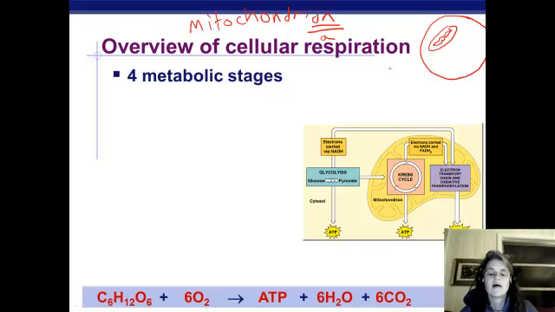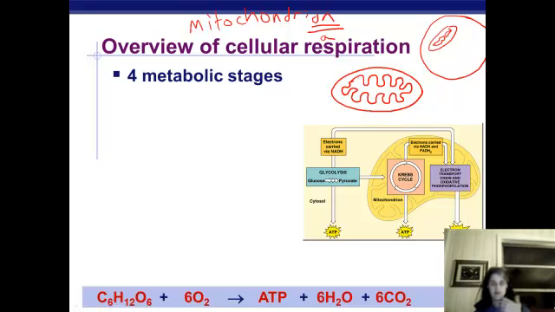Okay? Now, you need to understand about the structure of mitochondria. Mitochondria are double membrane organelles, and the inner membrane is highly, highly folded like this.